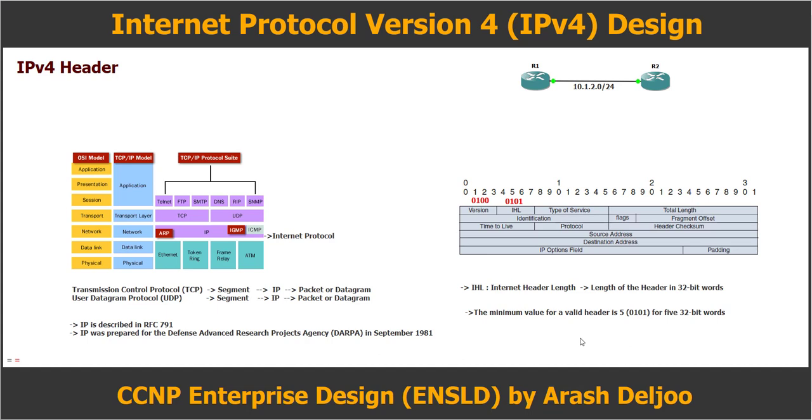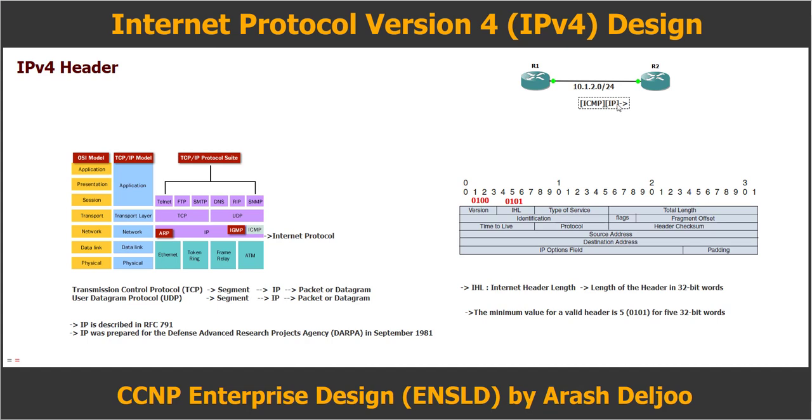Don't forget, this is only the length of the header, not the data. Actually, when we are, for example, sending ICMP, let me show you, this is our ICMP, and after that we have the ICMP echo request, and after that we have the 20 bytes IP header. We are sending this packet to router 2.